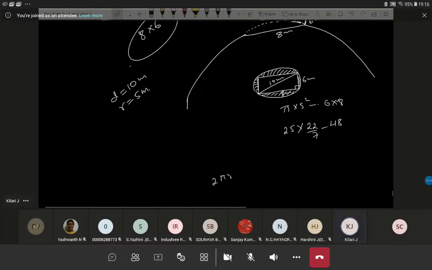So 2 pi r1 square minus the area of the circle formed on the top, that is pi r2 square. Are you following, Sanjay? Sir, yes. Pi r2 square.